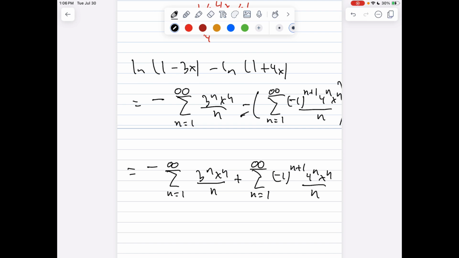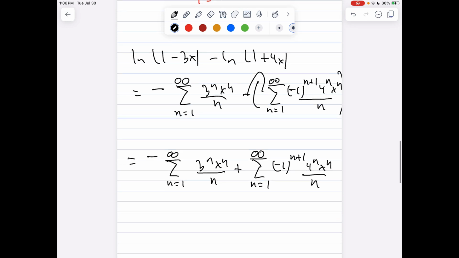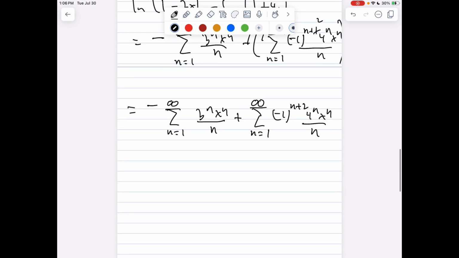Okay, so again, the negative that I had originally, the minus in between the ln of 1 minus 3x and the ln of 1 plus 4x, I brought it inside here, and when you bring that in, oops, I did not write that down. This makes that an n plus 2, excuse me. Okay, so that minus again changes this to a plus 2 because you have one more minus 1 in here. And that would be your series representation pretty much.